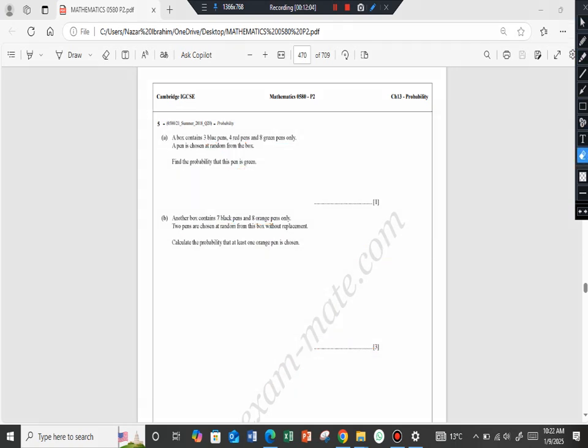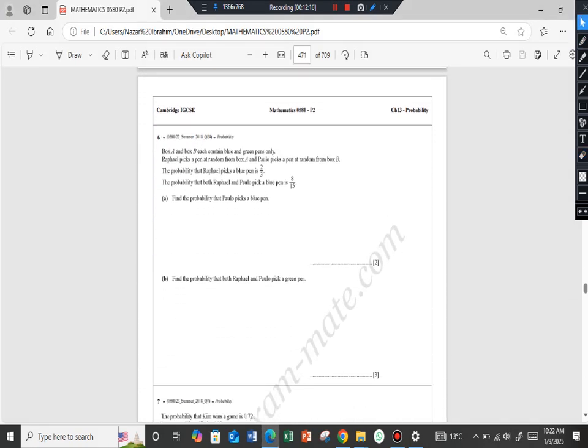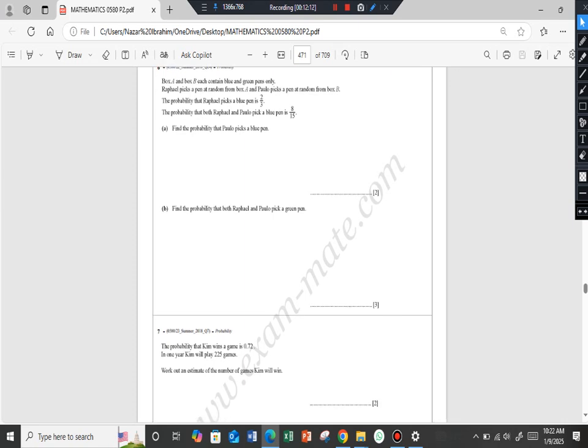Now question number 6. We have box A and box B, each containing blue and green pens only. Raphael picks a pen at random from box A and Paulo picks a pen at random from box B. The probability that Raphael picks a blue pen is 2 upon 3.